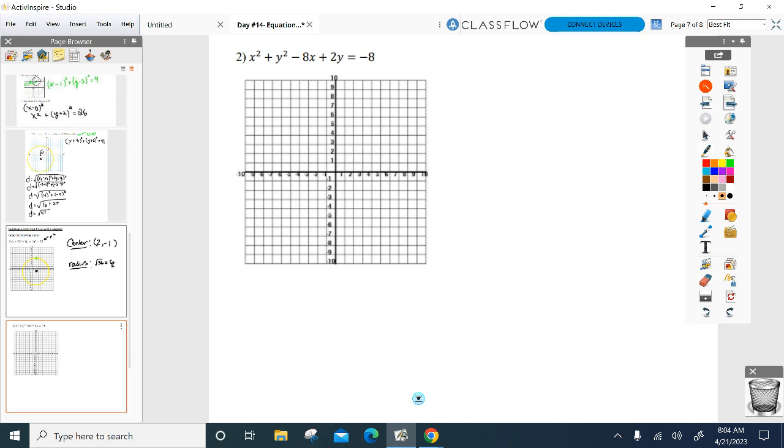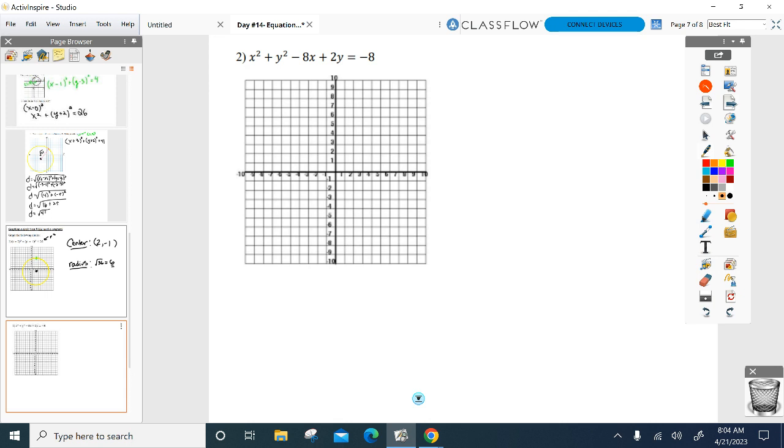First step, make sure the lone number is on the other side all by itself. Everyone see the -8? If it was on the other side as +8, I would need to move it over. Step 2, rearrange the equation so the x's are next to each other and the y's are next to each other.